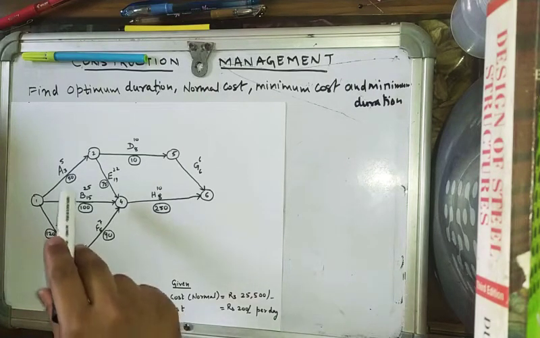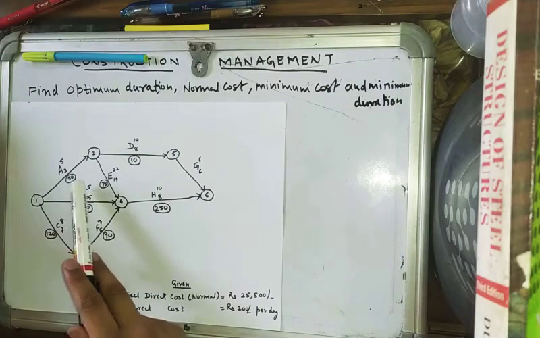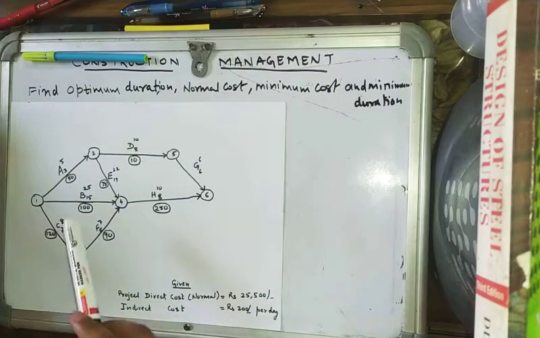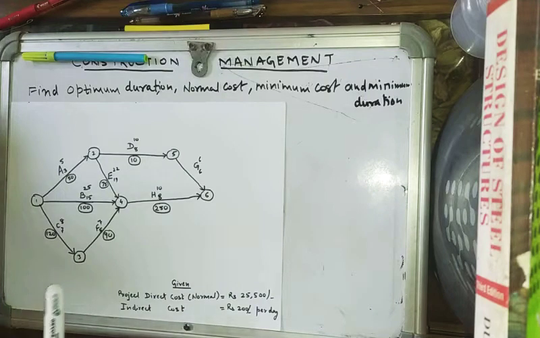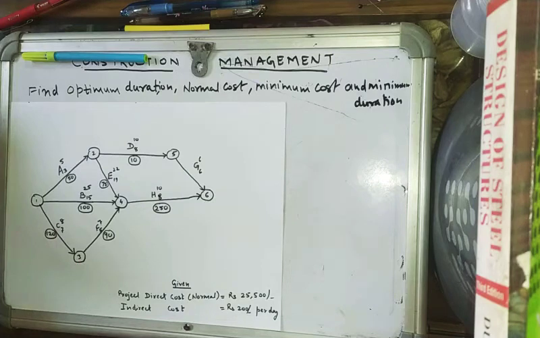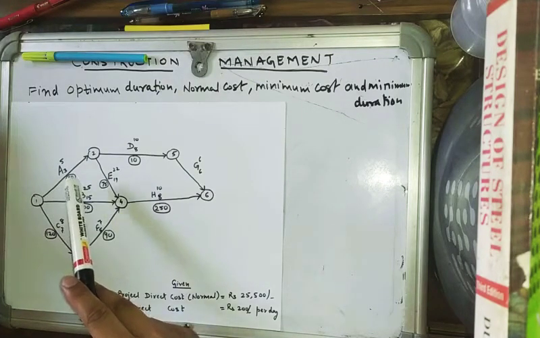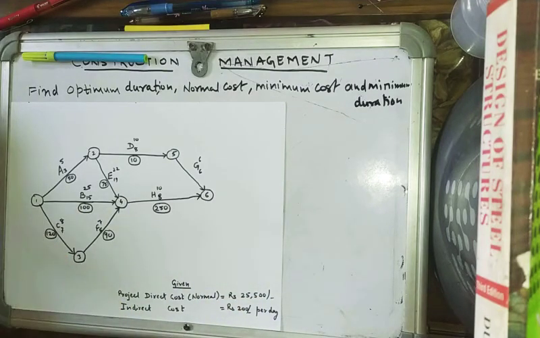So what does this mean? This amount in the circle represents the cost slope. The cost slope means that if we reduce the duration of A by 1 day, then rupees 50 will be added to the direct cost.